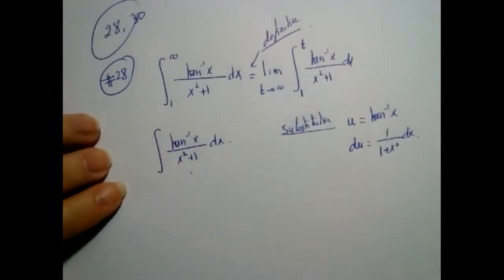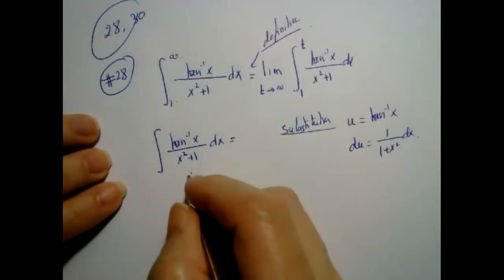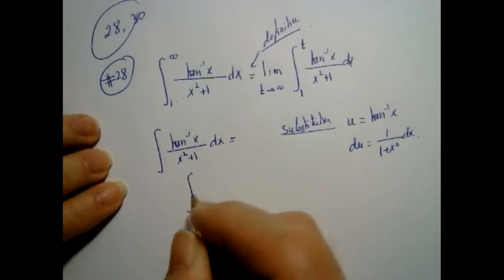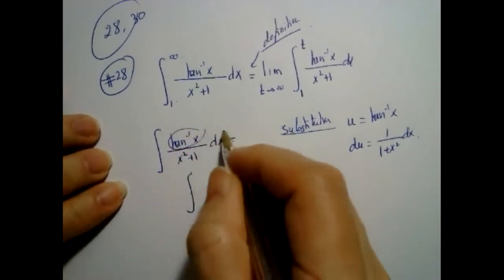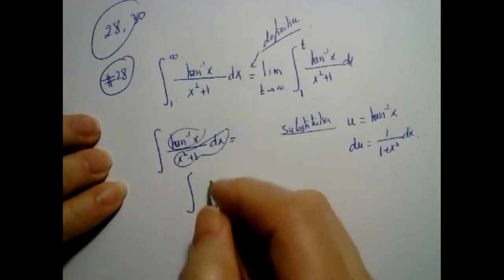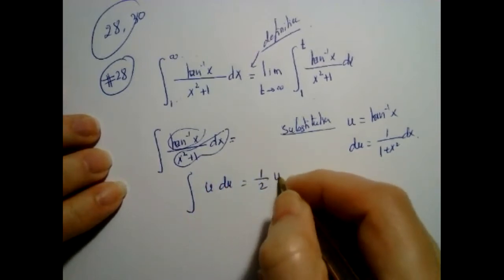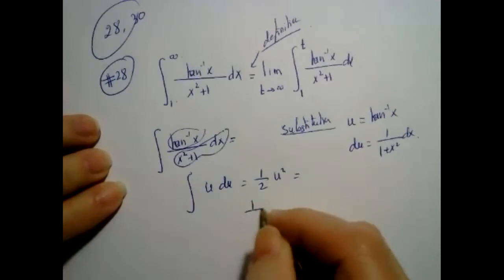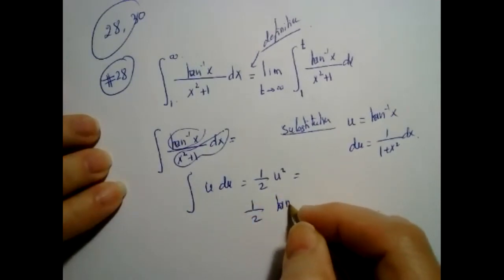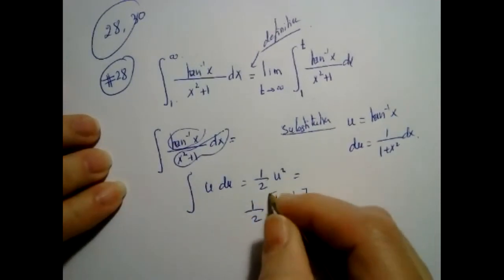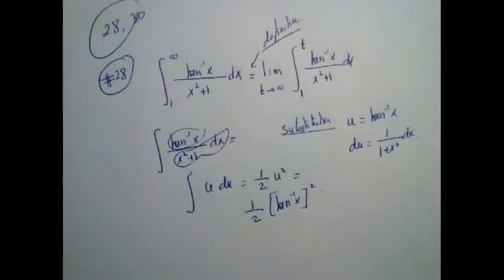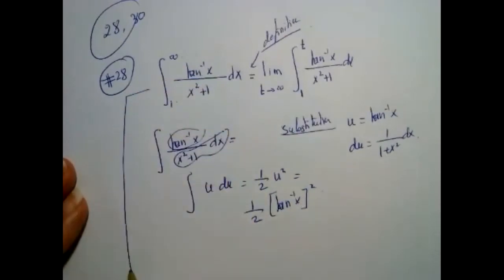So it's very clear, a substitution problem. It's going to be equal to the integral of u du, which means a half u squared, which means a half tangent inverse of x, squared.